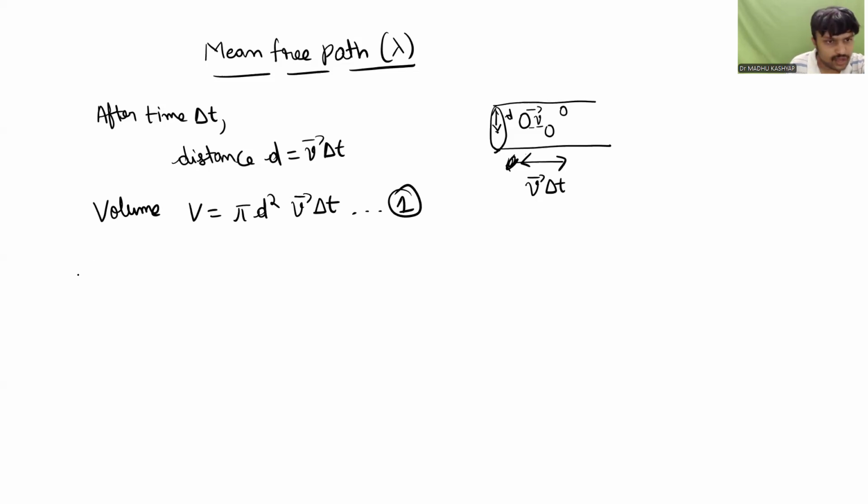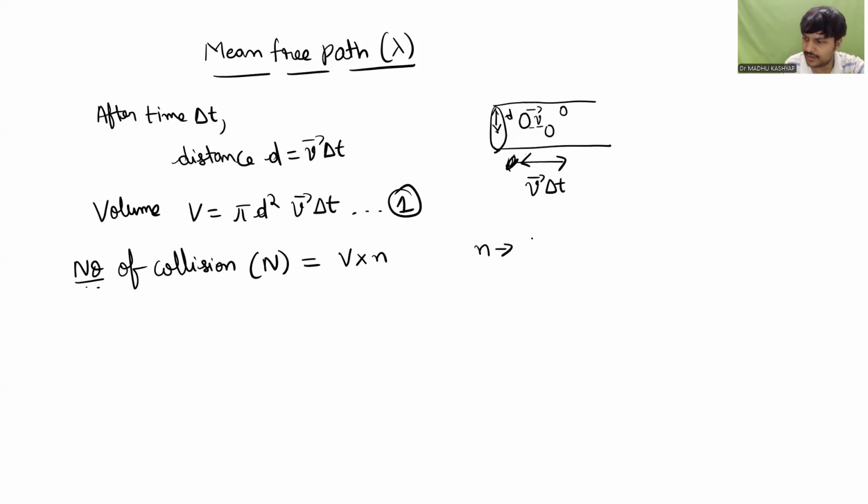After some number of collisions, let us say capital N is the number of collisions. This will be equal to the volume V multiplied with n. What is n? n is the number of particles per unit volume.